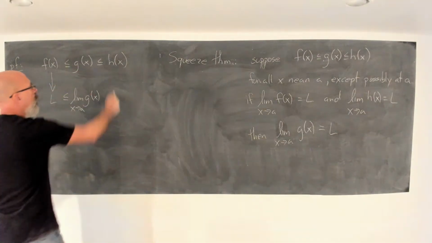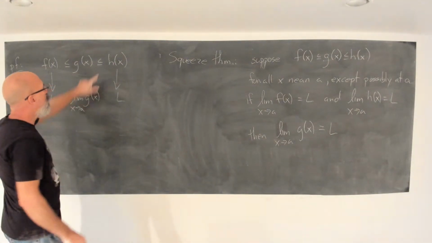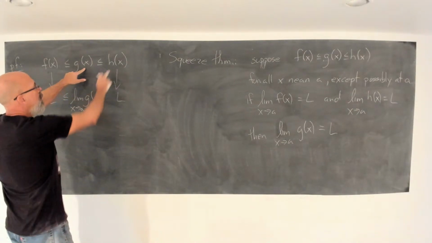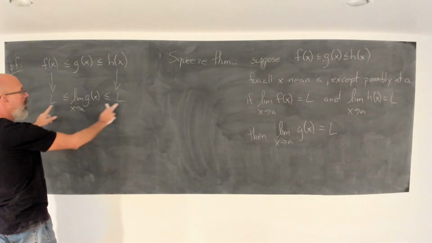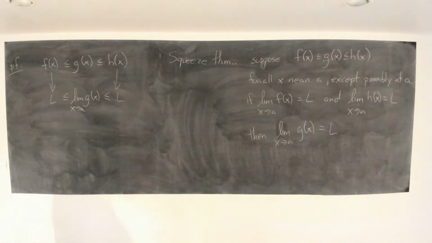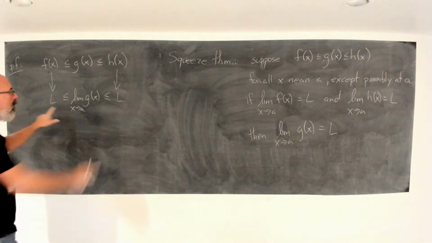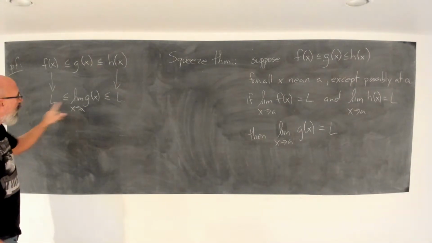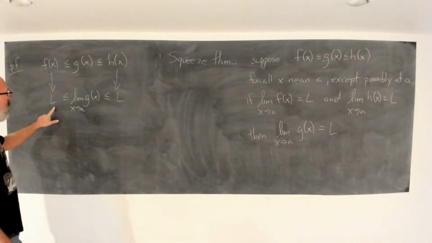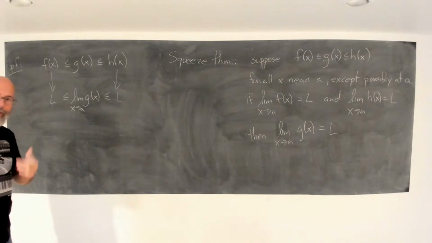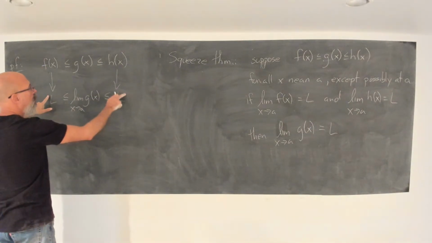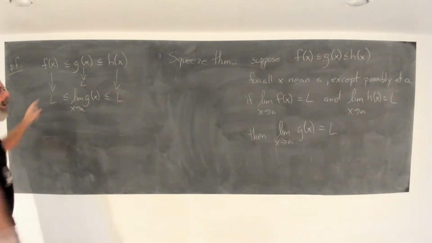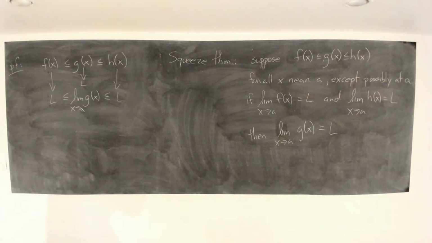And similarly, this also goes to L, so the limit of g is less than or equal to the limit of h. And so you see that g is squeezed between the two L's. It's bigger than or equal to L, but it's also less than or equal to L. So it has to be L. If this converges to L and this converges to L, then this has to converge to L.